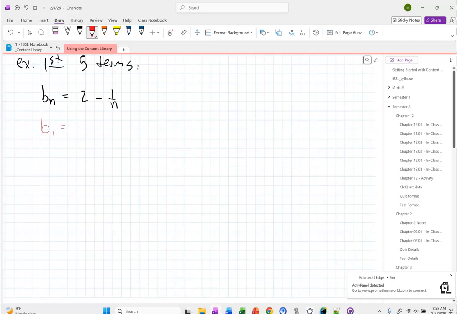And what would I do? Just plug 1 in for n, and then I evaluate, right? So the first term is 1. The second term would be 3/2, so you could write 1.5, that would be fine.